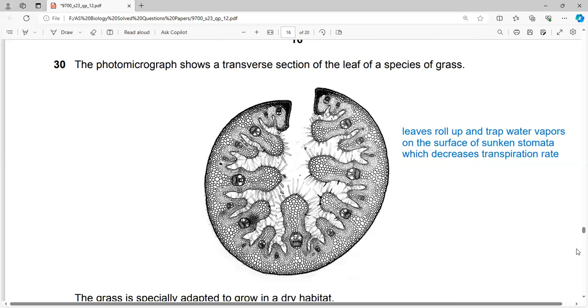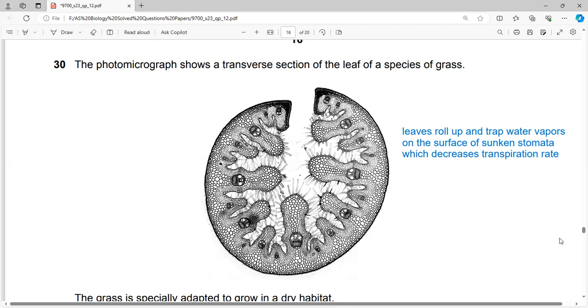The next question is also related to a xerophytic plant. The photograph shows the transverse section of the leaf of a species of grass. You can see this is part of marram grass, and this marram grass is behaving in the daytime. It rolled up its leaf to reduce the surface area for conservation of water, because no direct sunlight is coming onto the surface of this leaf.